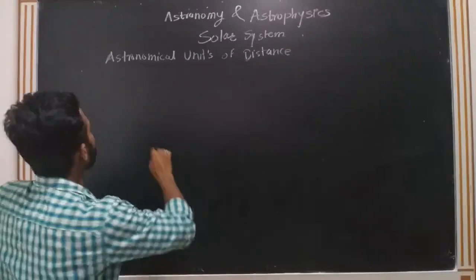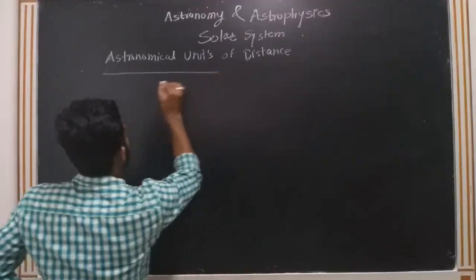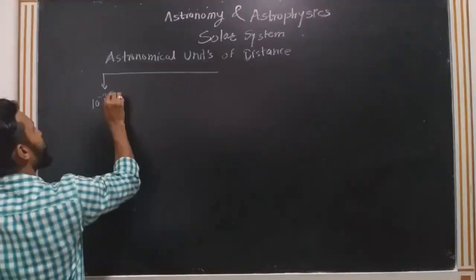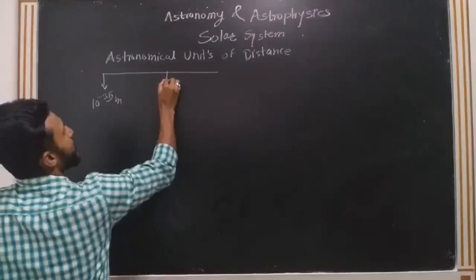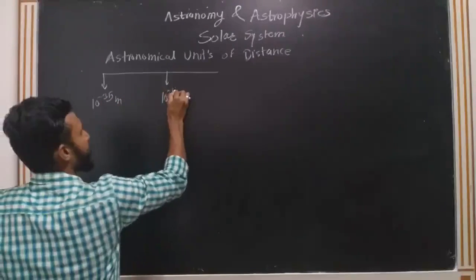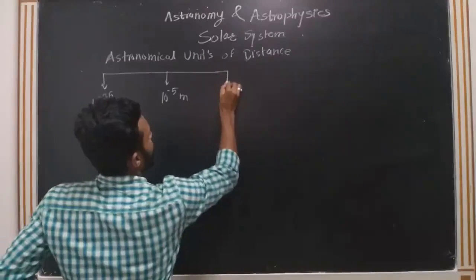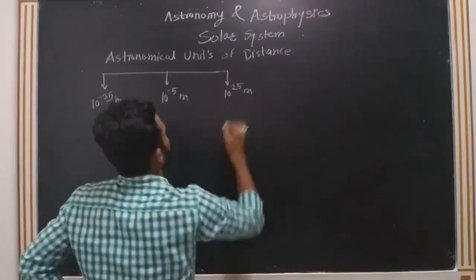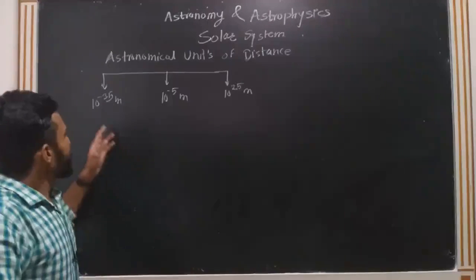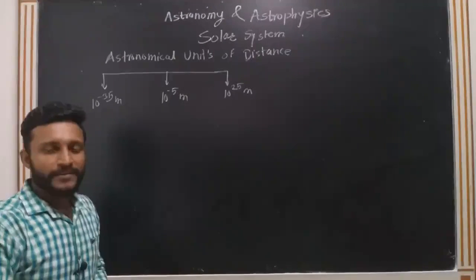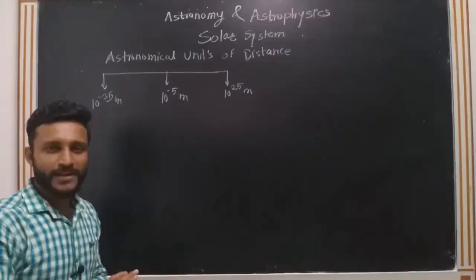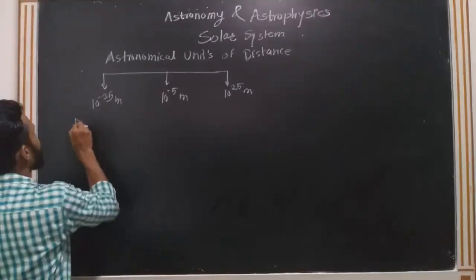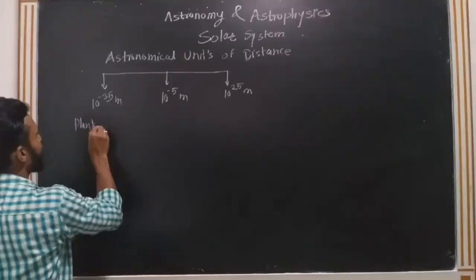Let me draw a scale here: 10 raised to minus 35 meter, 10 raised to minus 5 meter, and 10 raised to 25 meter. So this 10 raised to minus 35 is the smallest scale in the universe up to which we can go, and it is also known as the Planck scale.